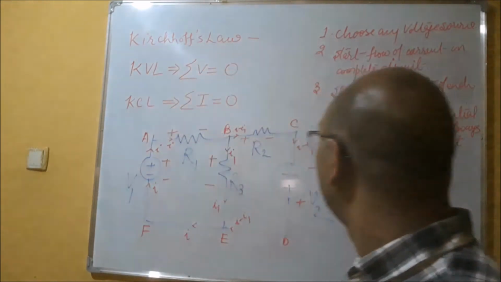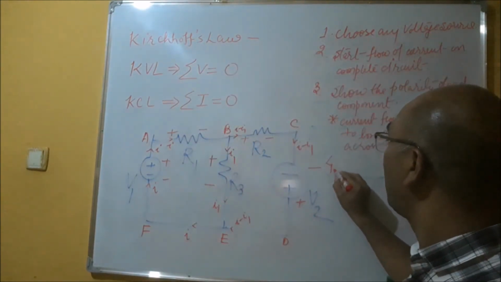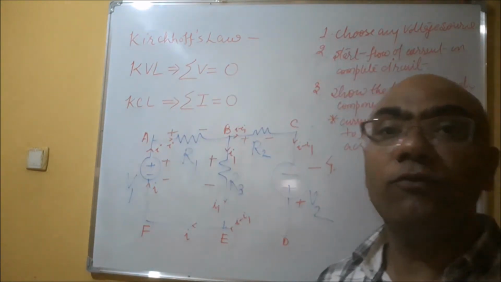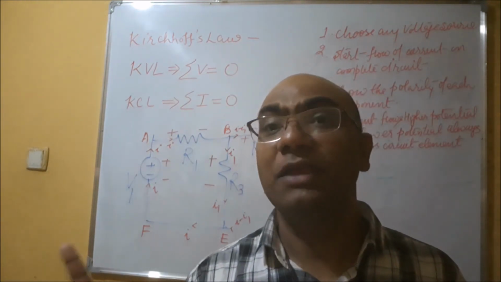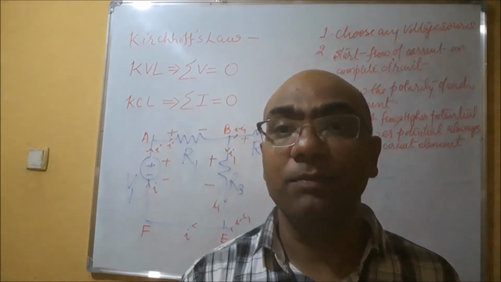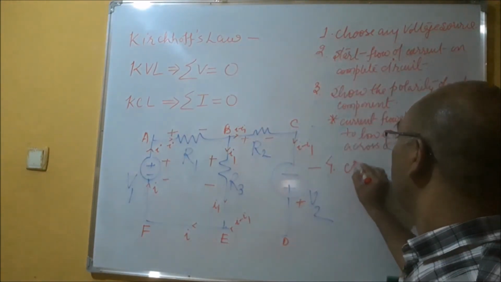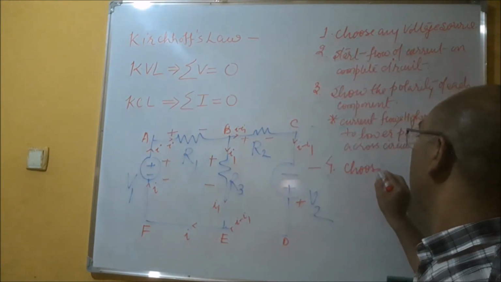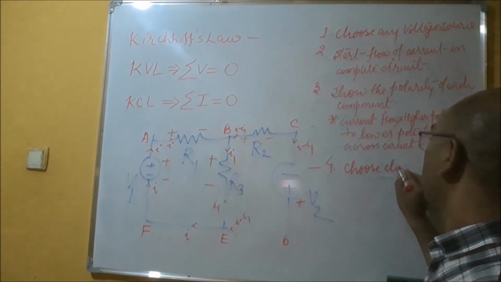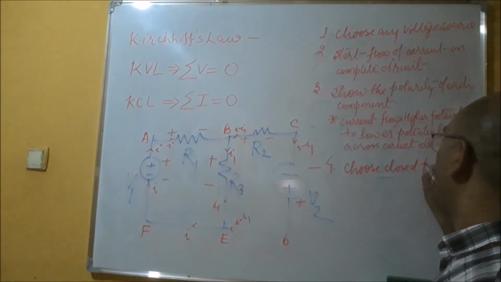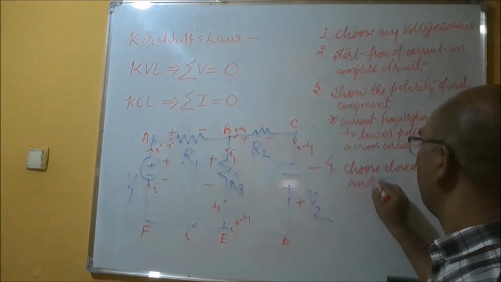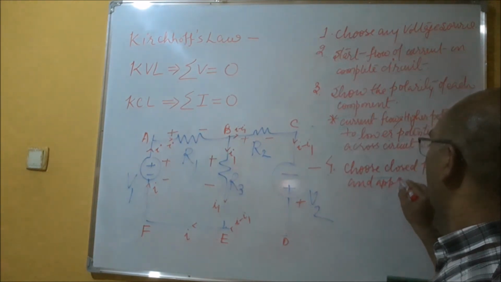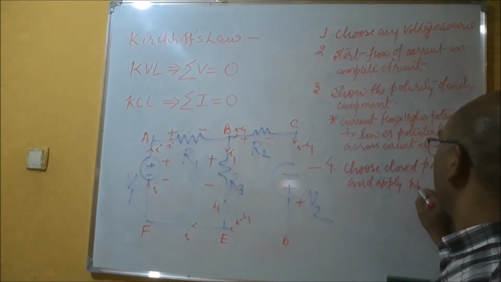After this, the fourth point is now to choose a closed path and write KVL. Apply KVL. Choose a closed path and apply KVL.